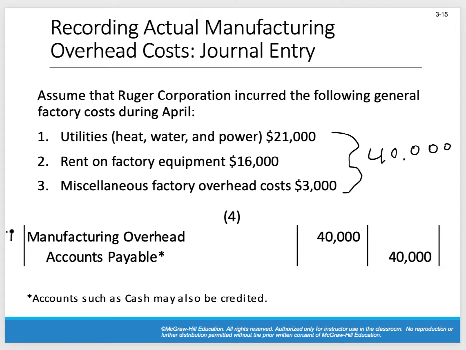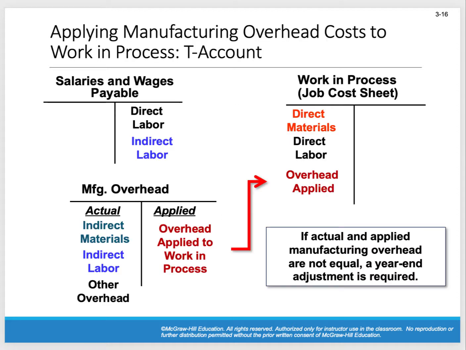We increase it with a debit, which is $40,000, okay? And then how did we pay for it? Well, maybe we paid cash, but we're saying here we used accounts payable, okay? We're going to credit accounts payable for $40,000. So now we have all our costs that we actually incurred on our debit side, okay?